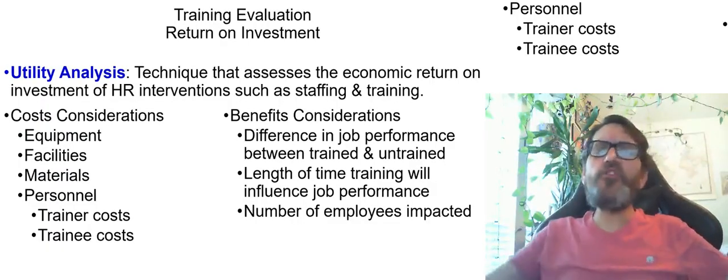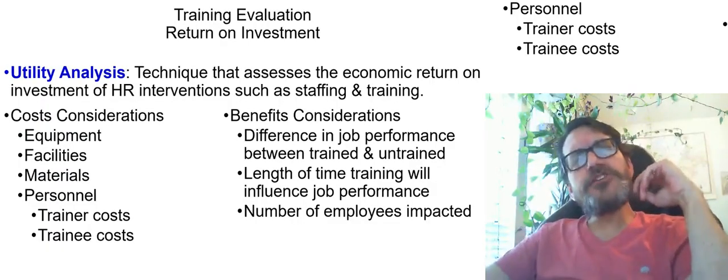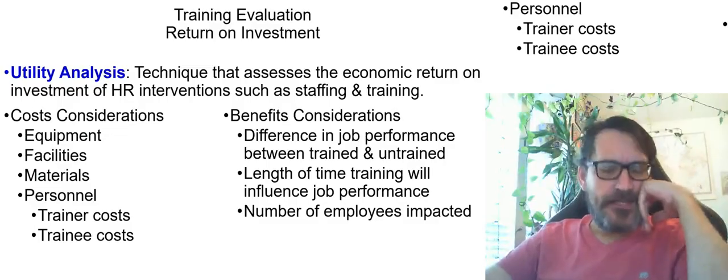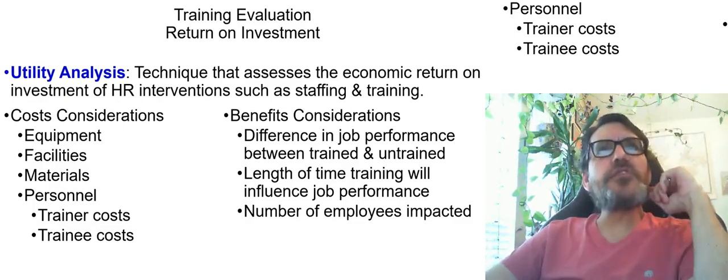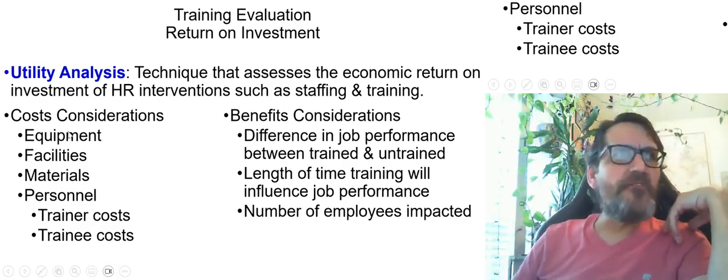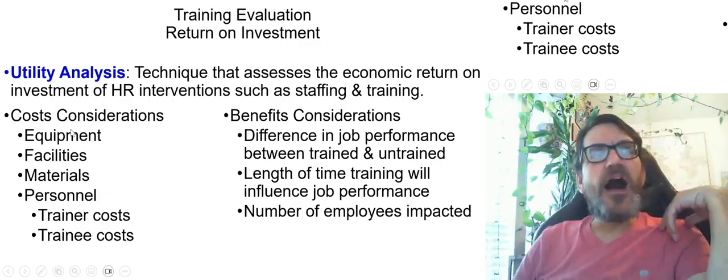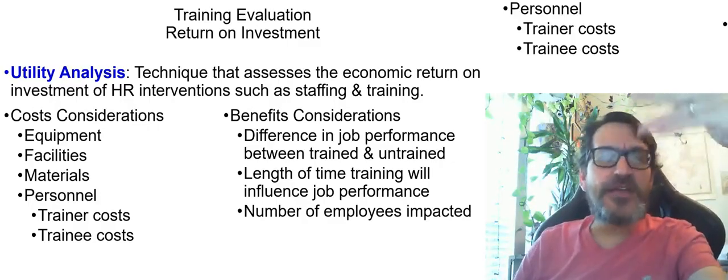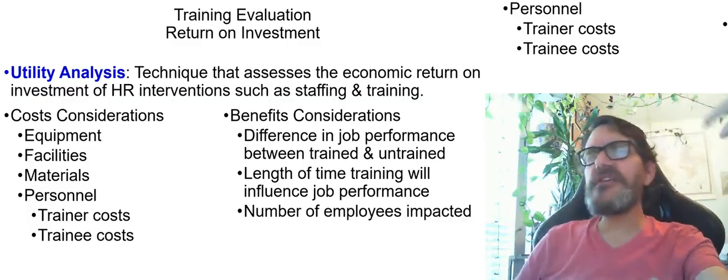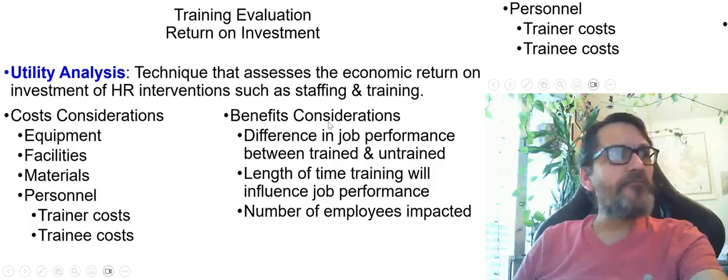And so ultimately, in the end, what should be done is a utility analysis, which is just a fancy way of saying cost-benefit, right? And so the different costs that might be involved would be equipment, facilities, personnel. It costs money to these companies that create these programs. So all of these costs are involved.